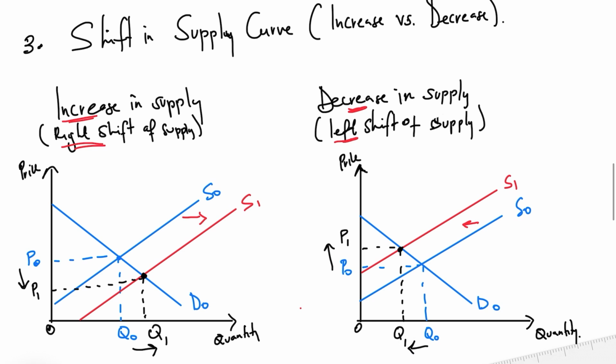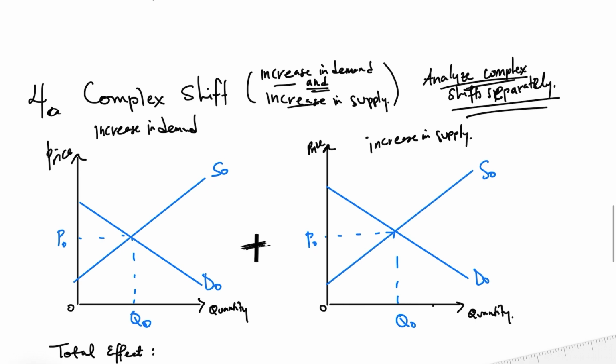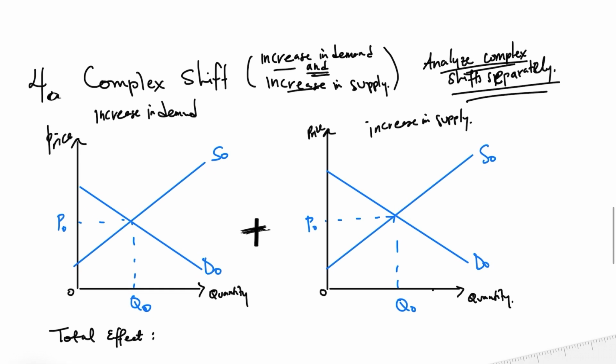That's what we see. Again, practice this, drawing this by yourself and analyzing the change in the equilibrium price and the equilibrium quantity. Okay, let's move on to complex shifts. There are 4 types of complex shifts.